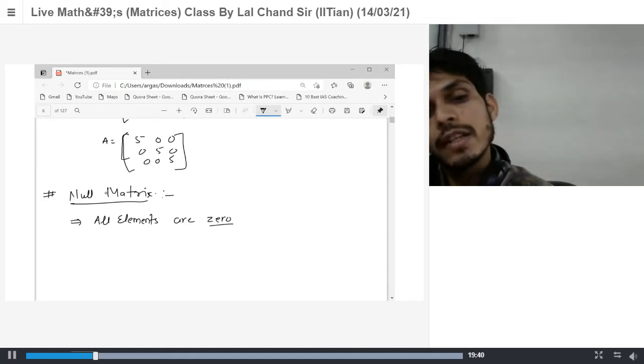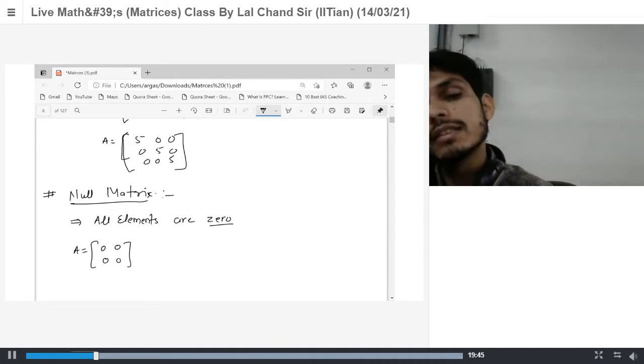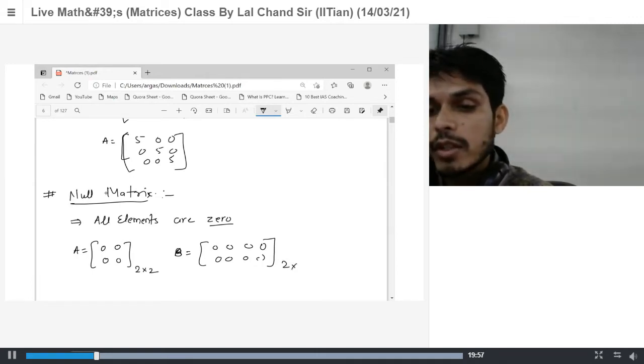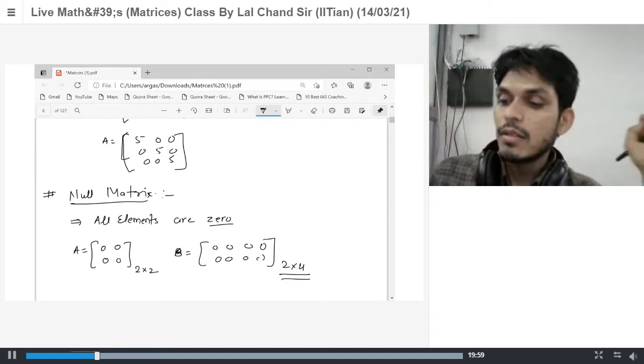So if I write 0 0, 0 0, this is also a null matrix. If I write 0 0 0 0, 0 0 0 0, so this is a 2 cross 2, and here we have a 2 cross 4 null matrix.